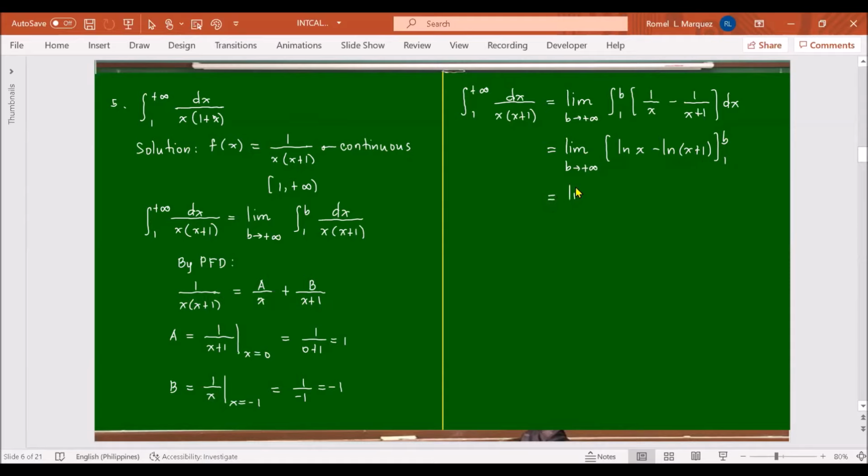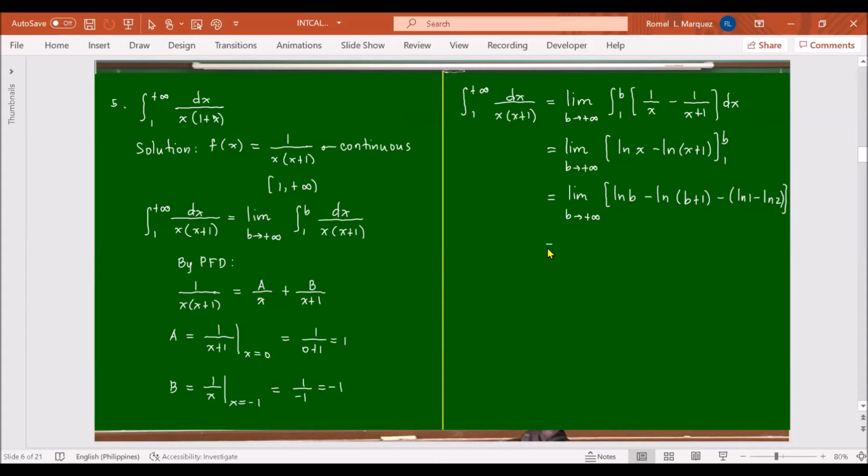So this is equal to the limit as b approaches positive infinity. At the upper limit, this is equal to ln b minus ln of b plus 1. Minus, at the lower limit, this is ln 1, then plus negative, ln of 1 plus 1 is ln 2.